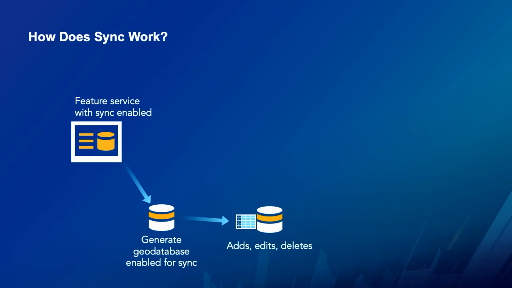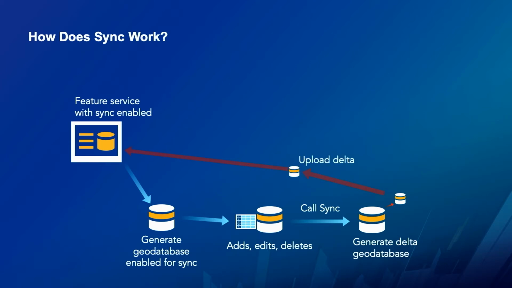You can then perform your edits and your adds and your deletes on that database. And when you want to call synchronize, you call sync. And what actually happens, the database looks for all the changes that have happened and prepares a little delta database, which it then uploads to the server.